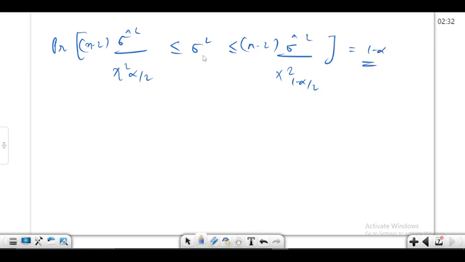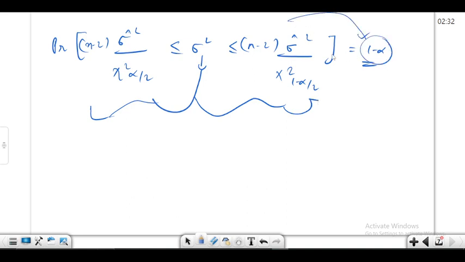So this value lying in this range has this probability of 1 minus alpha.